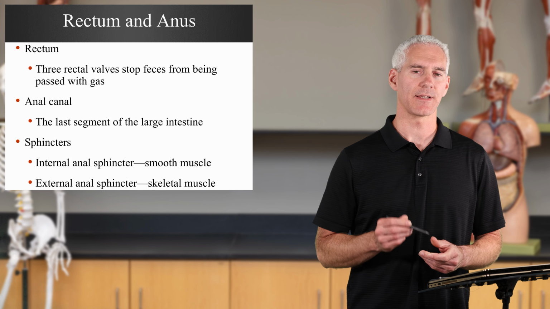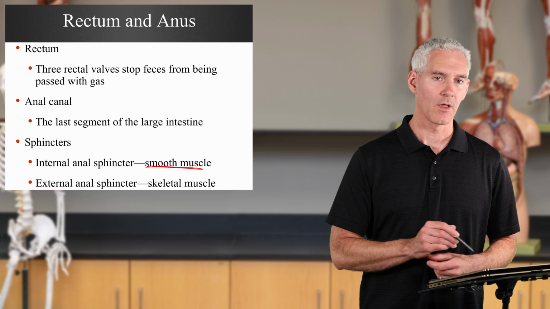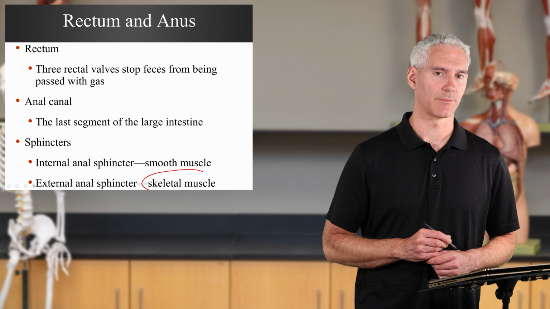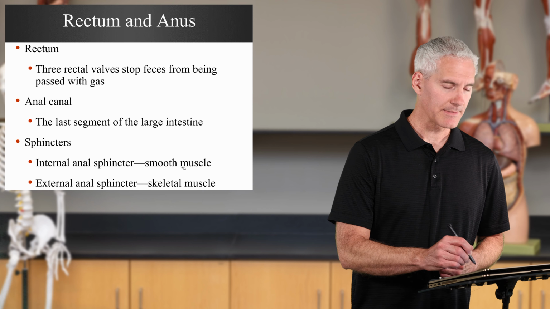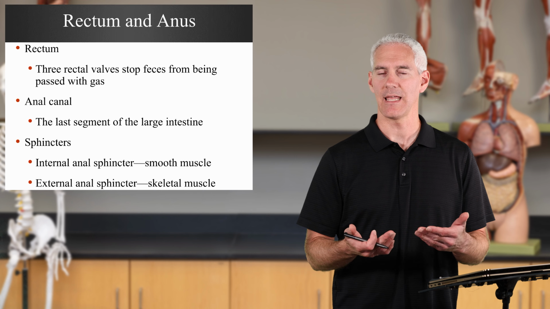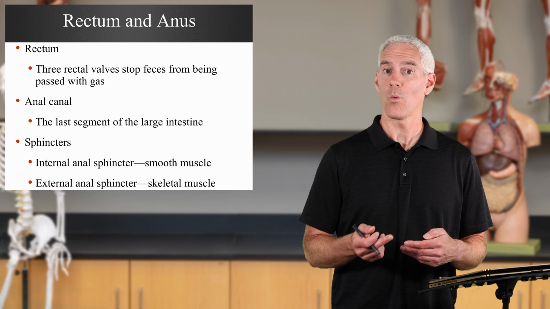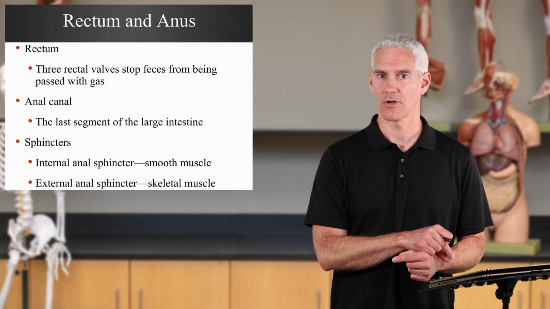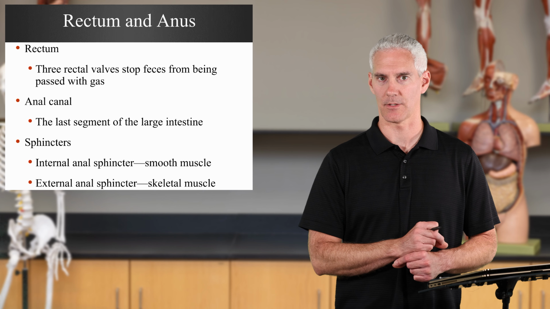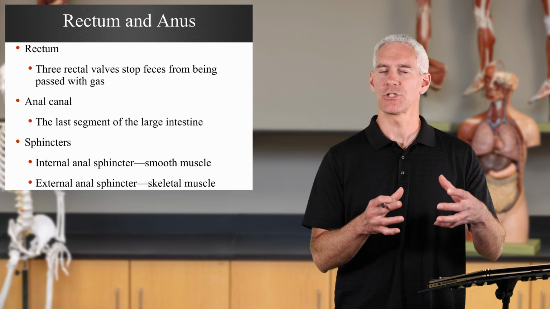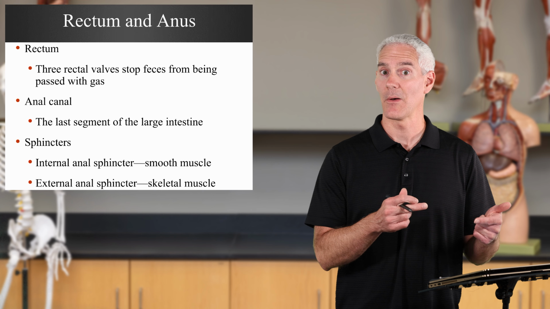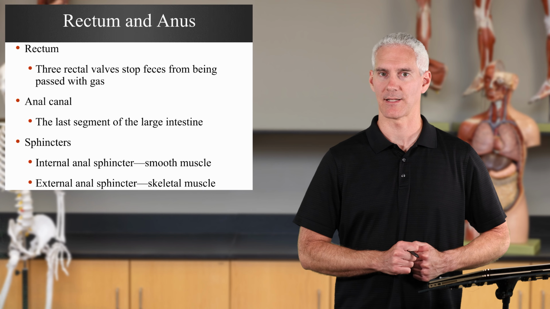The internal anal sphincter is smooth muscle, while the external anal sphincter is going to be skeletal muscle. Now that's important because the internal anal sphincter, the smooth muscle, is involuntary control, while the external anal sphincter, which is the skeletal muscle, is voluntary control. So it's a conjunction of doing both involuntary processes for defecation plus the voluntary control mechanism as well.